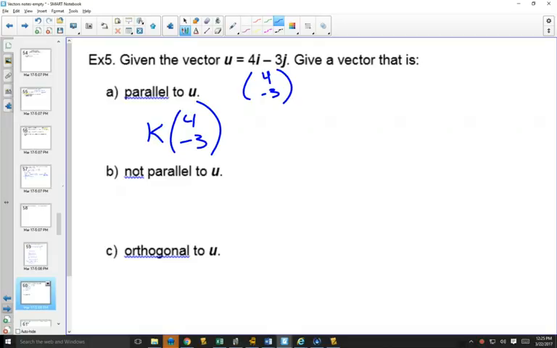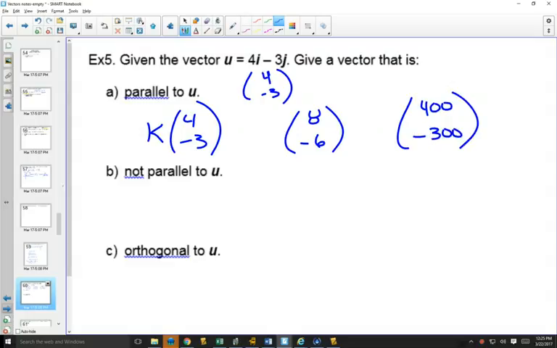So if you chose k to be 2, you could write (8, -6). If you chose k to be 100, you could write (400, -300). Anything that's a multiple of the vector will cause it to be in the same direction. You could even do a -1.